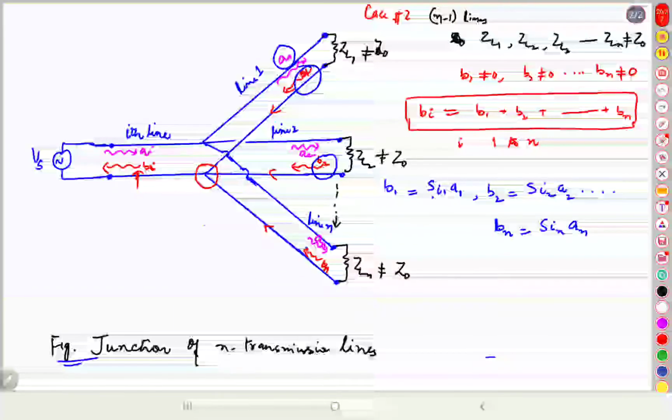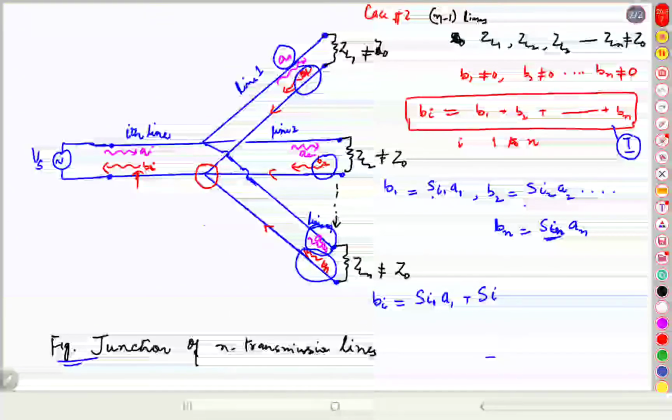This Bn is related to An by Sin, where Sin stands for the reflections occurring at port n when the source is connected at port i. So if I name this equation 1, I can rewrite equation 1 as Bi is equal to, instead of B1, I can write Si1 A1 plus, instead of B2, I can write Si2 A2, and so on.